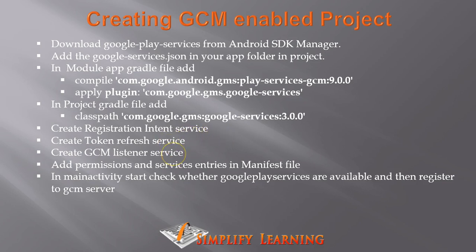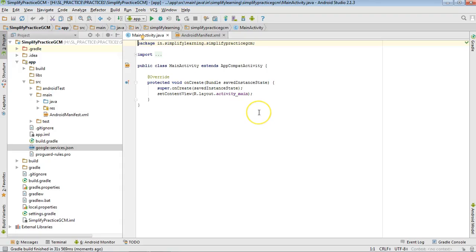Then we need to create three services. The first service we will create is a GCM listener service. It receives the push notification from the GCM server. Hence, on any message received, we will create a notification informing user about new message received.